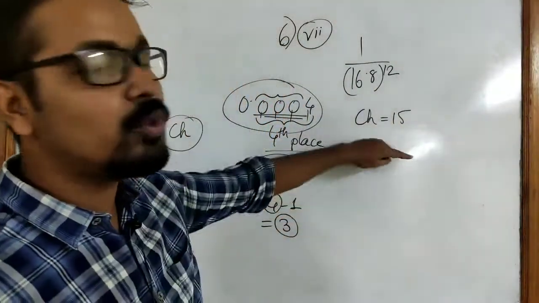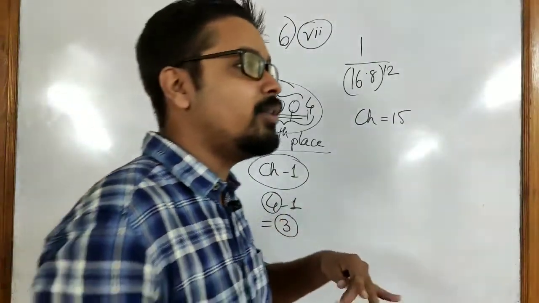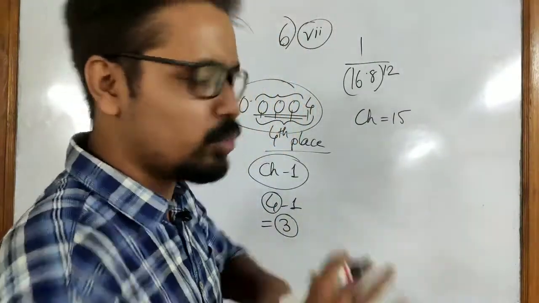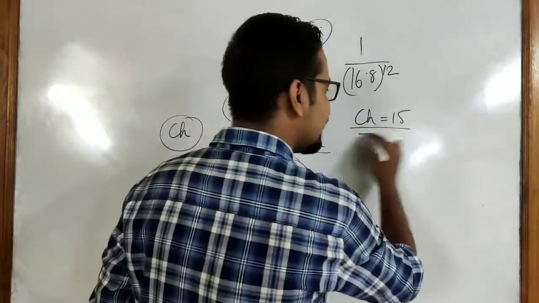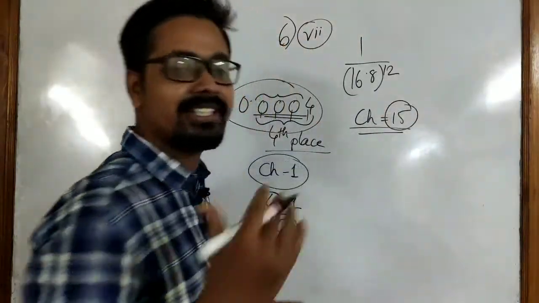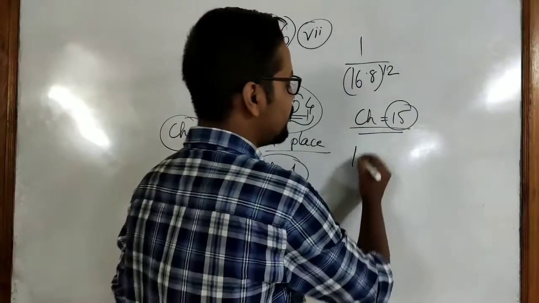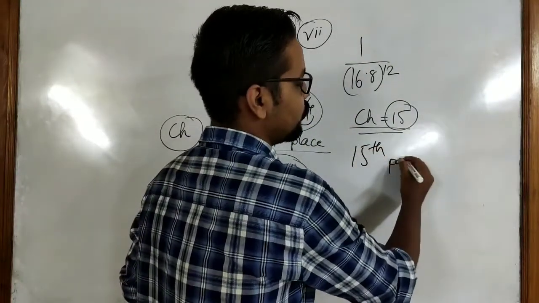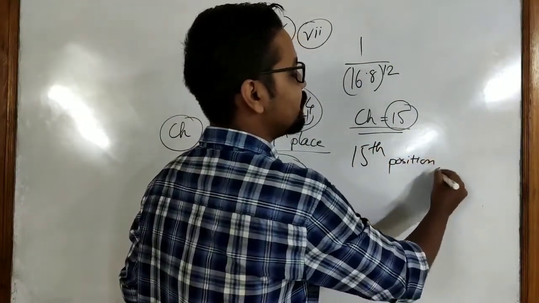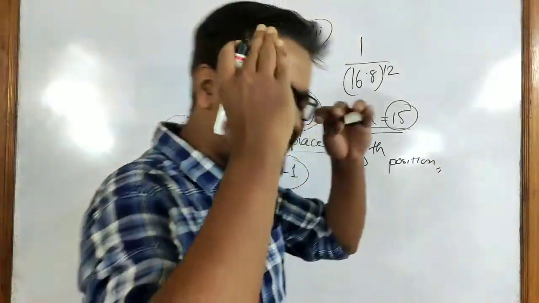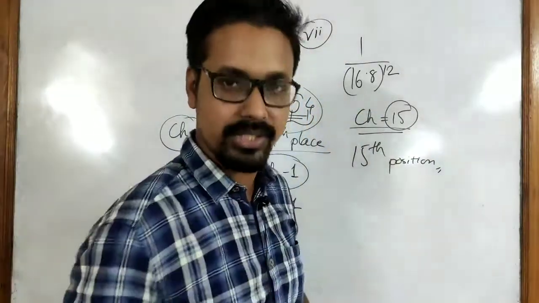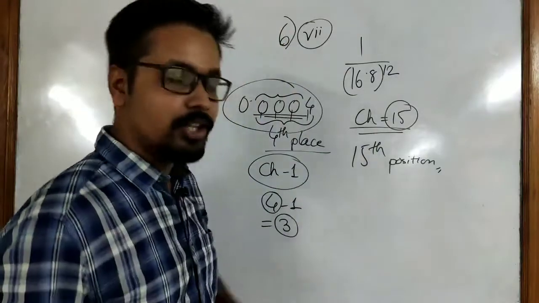But in this case, you don't have to subtract 1 or add 1 or do anything else. Just find the characteristic and the answer will be the characteristic itself. That is, the position of the first significant digit will be the 15th position. So you can try it out yourself. The solving of this is exactly similar to what we had done in question number 6. So go ahead, solve this one.